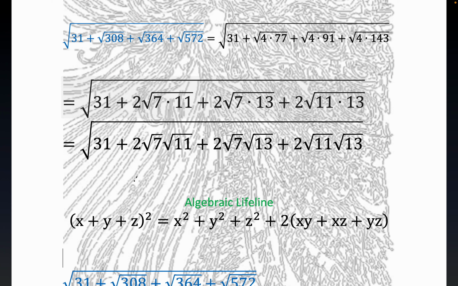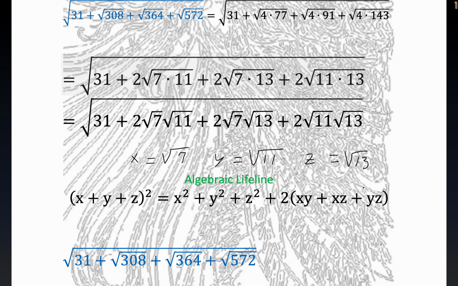X equals square root of 7. Y is equal to the square root of 11. And again, this is not as well a known identity, but it works in this particular case. And we'll call z the square root of 13.